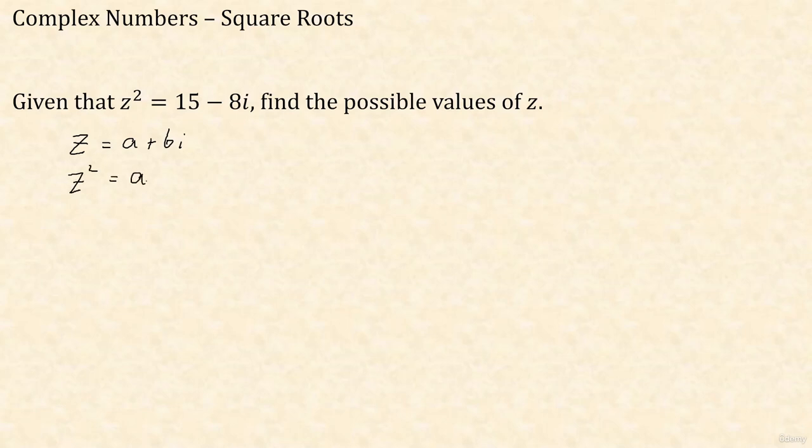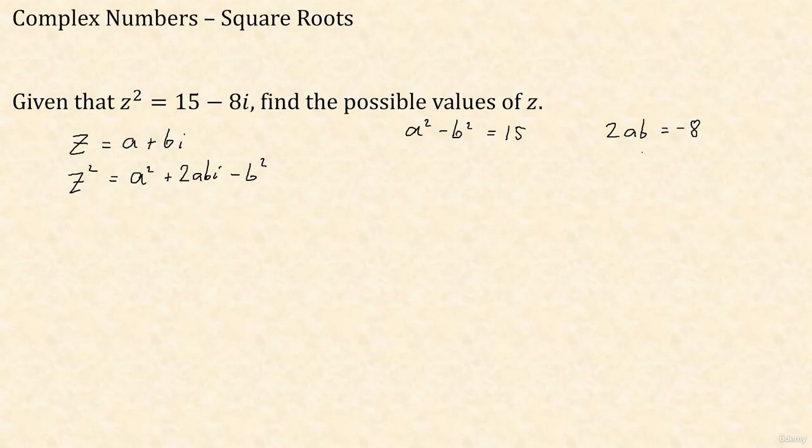When we square it, we get the same thing we did before: a squared plus 2abi minus b squared. So the real part, a squared minus b squared, is equal to 15, and the imaginary part, 2ab, is equal to -8.